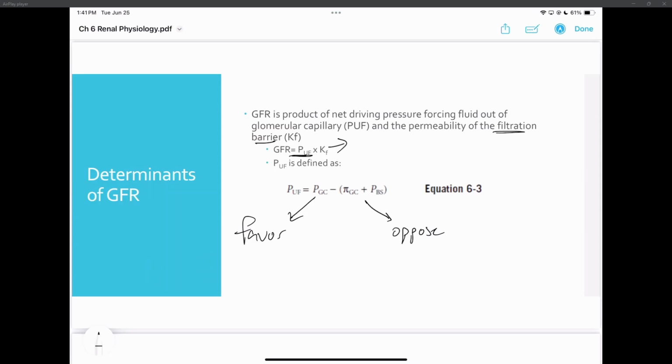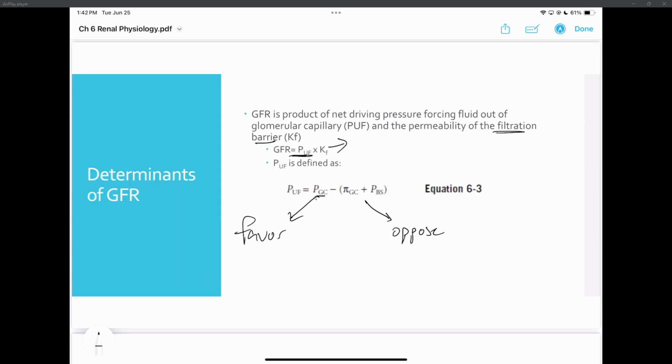We know the filtrate that comes out of the glomerular capillary is a unit of that formula that we just went over before. We have the hydrostatic pressure of the glomerular capillary. The higher that number is, the more it's going to push out to favor filtration.